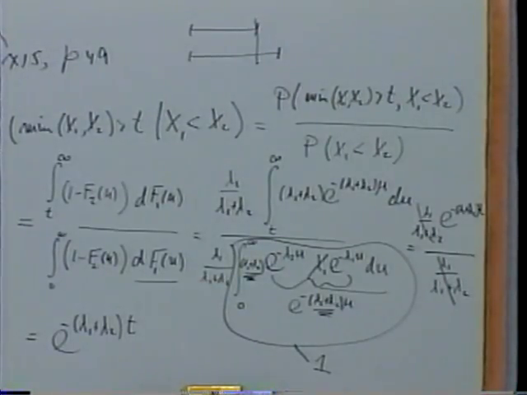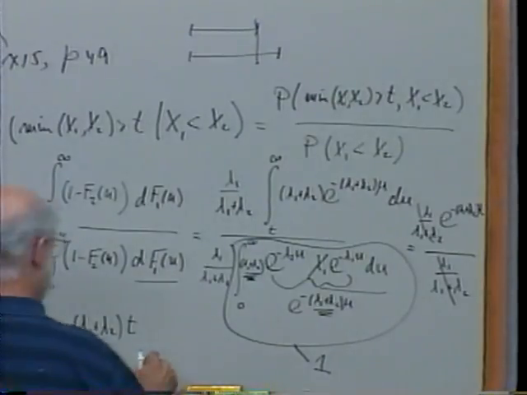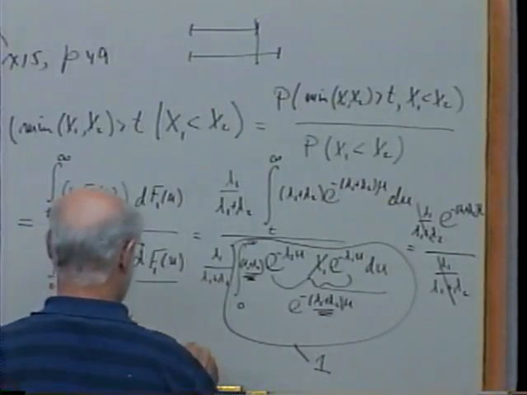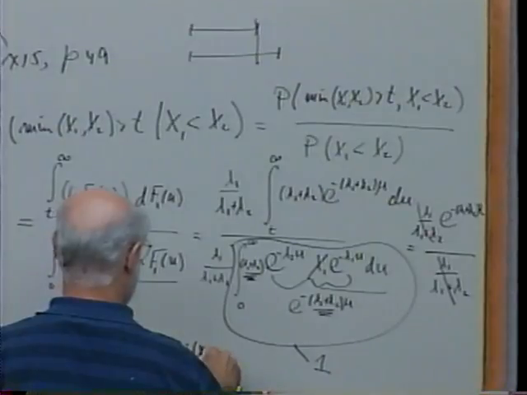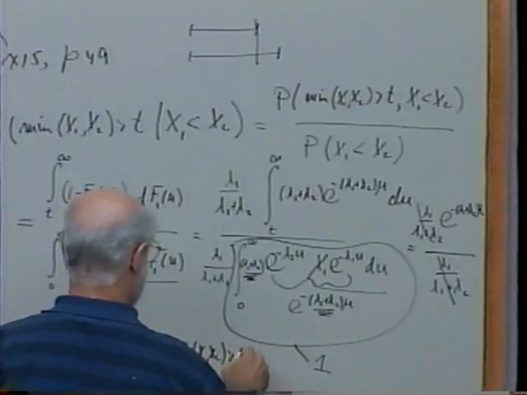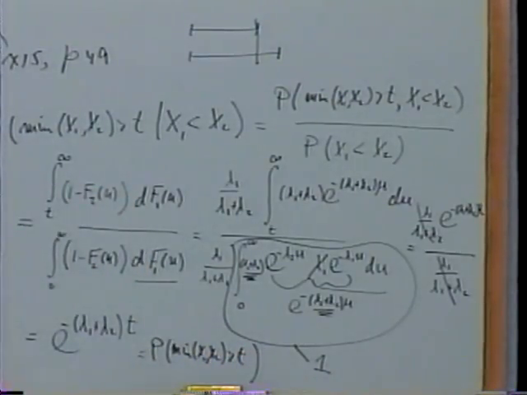OK, but from that, I recognize, by looking at this, that that is exactly the same as the unconditional probability that the min is greater than t. Because that and that are the same thing.